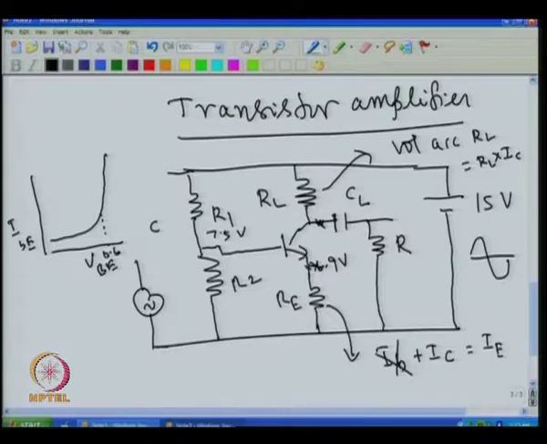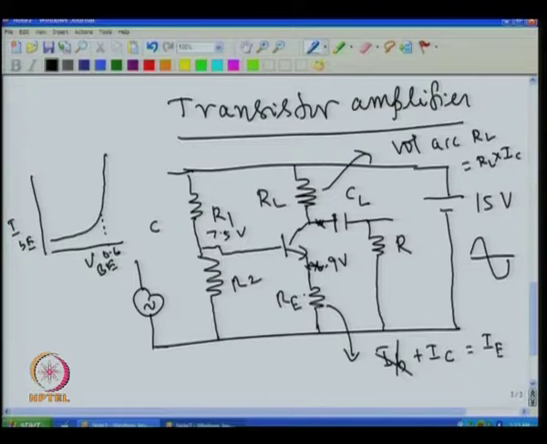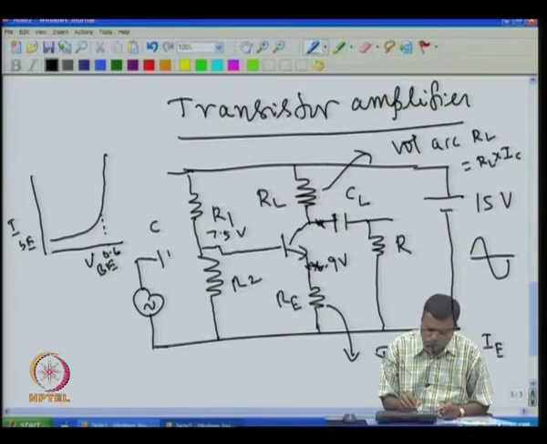And then we also have to decide what gain we want. Assume we want a gain of 10. If you want a gain of 10, then the resistances RL and RE should have a ratio of 10. For example, I apply an AC voltage through this capacitor to this point.